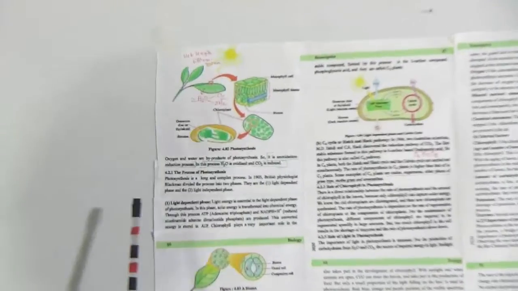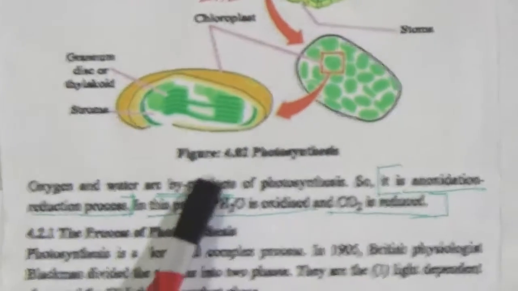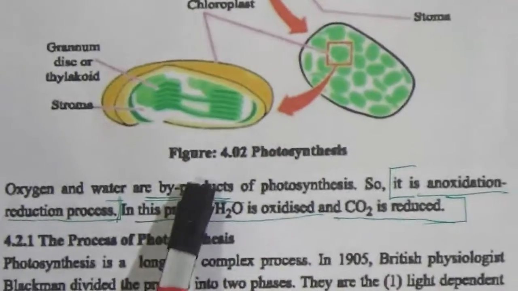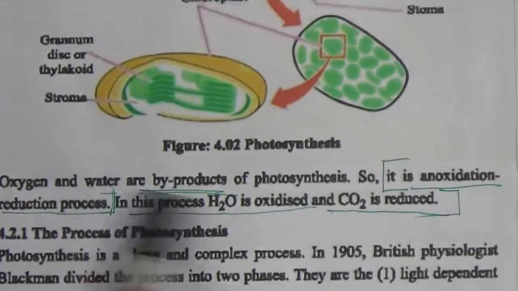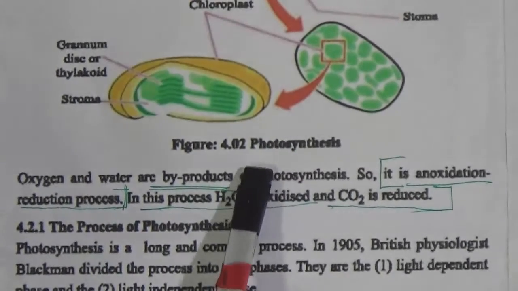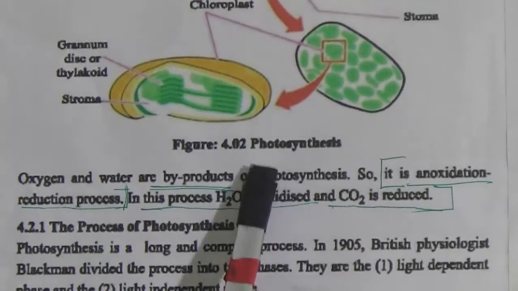Dear students, in the first part of the chapter there was a discussion about photosynthesis, and we already discussed the first part of the chapter about the biological coin, and we will start today on the photosynthesis process.